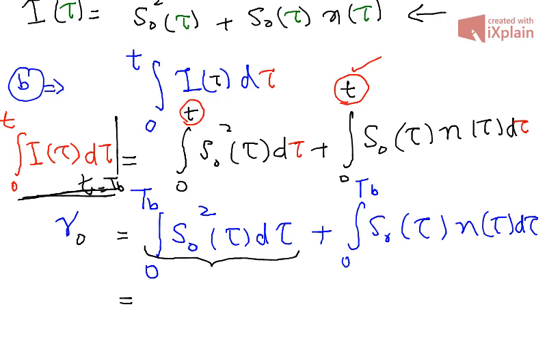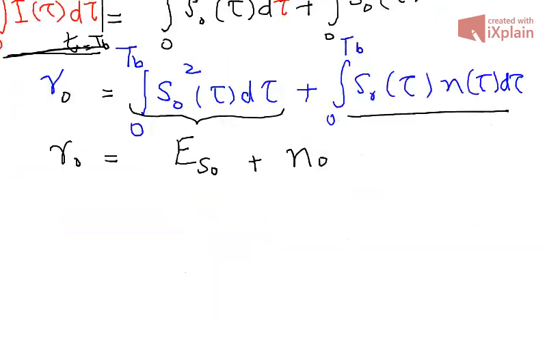So you can find out this energy. I would just write it as a notation that this is the energy of my symbol S naught, and this other part I would write as N naught. So actually I have the energy of the signal plus N naught, the noise term, which I represent by N naught.